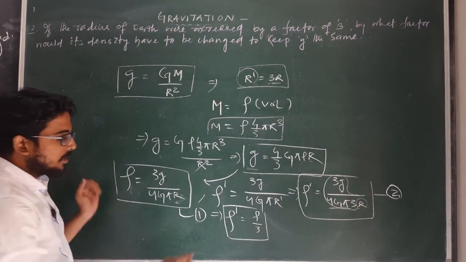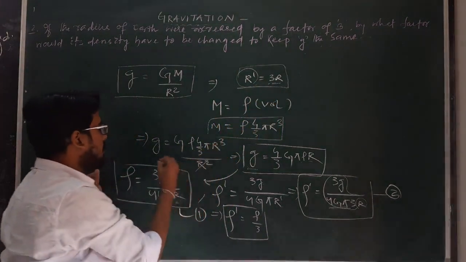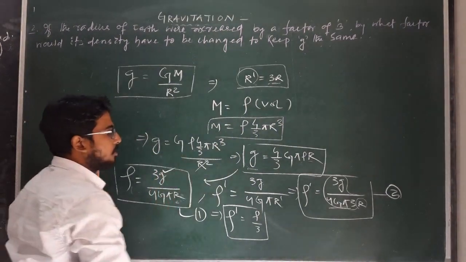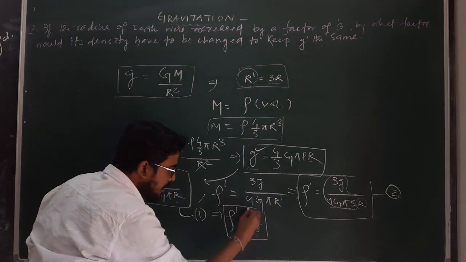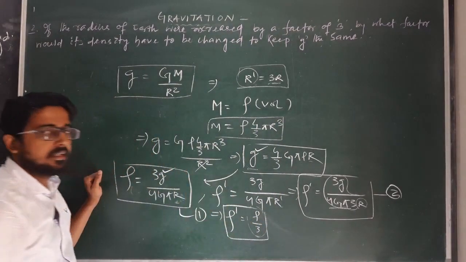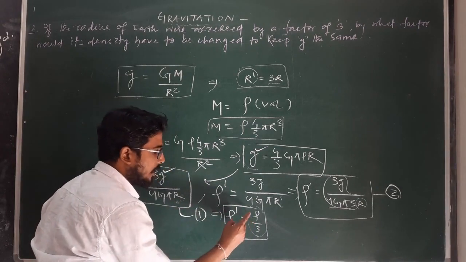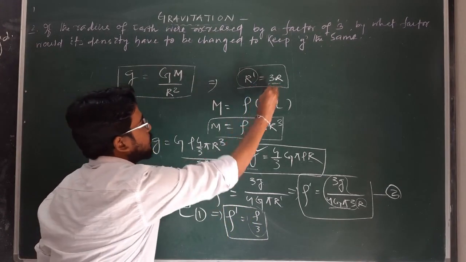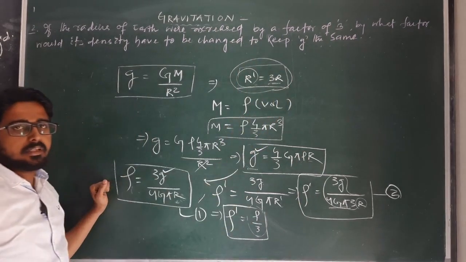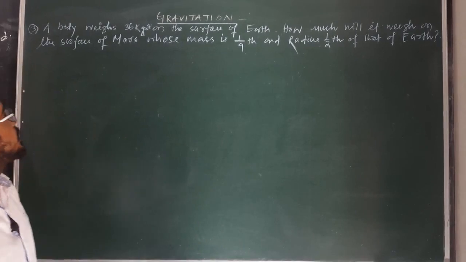So what we get is, if the radius becomes 3 times and the gravitational acceleration of the planet remains constant, then we have to decrease the initial density by 3 times. Clear? That means the final density of the planet will be 1/3 of the initial density when the radius becomes 3 times.